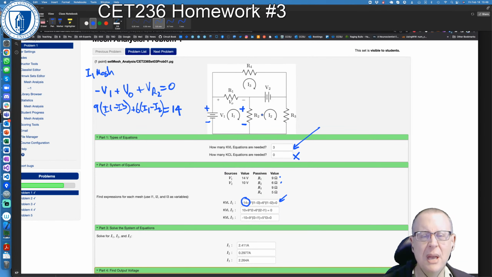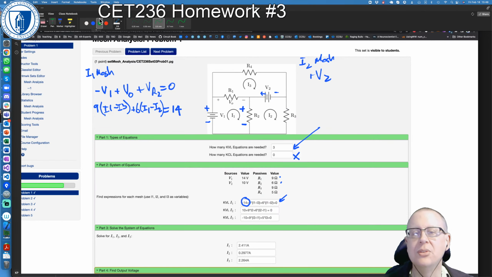The I2 mesh, right? So let's write it up here. For the I2 mesh, we have, let's just say plus V2, because we're going in the plus side. And in fact, I might just use a different color. So let's go with plus, minus, plus, minus, plus, minus. So we have plus V2, and let me just erase that.